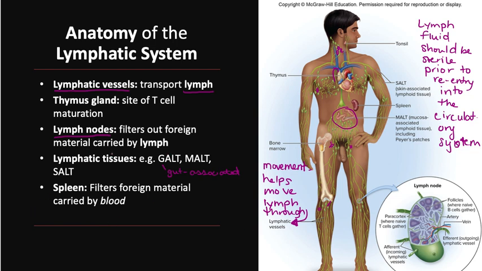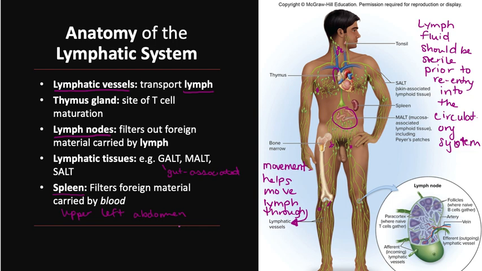Similar to the lymph nodes and the lymphatic tissues, we also have an important immune organ called the spleen. And the spleen is adjacent to the stomach. It'll be just above and to the left of the stomach. So if you feel the upper left part of your abdomen, you would feel your spleen if it's swollen.